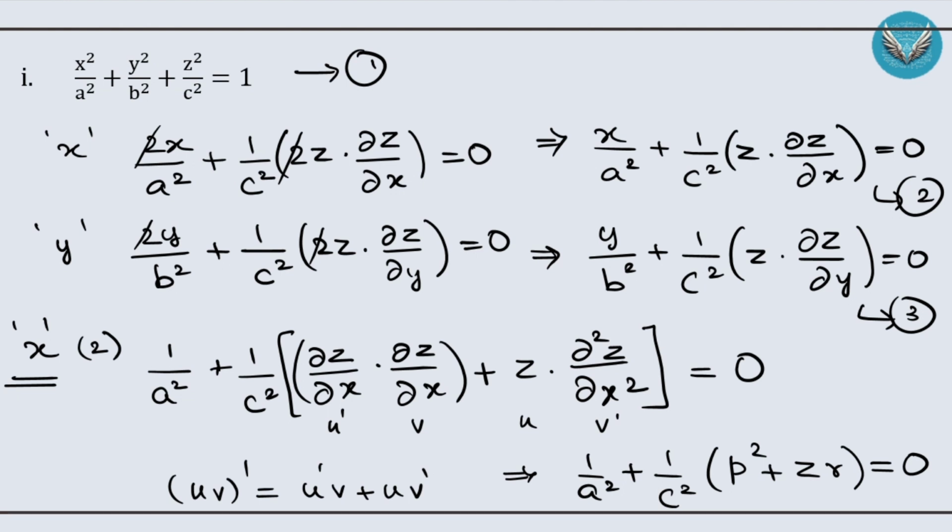Next, now what we have to do here is try to eliminate the constants a and b. So let this be equation number 4. From this equation 4 and from equation 2, we can easily eliminate a square.